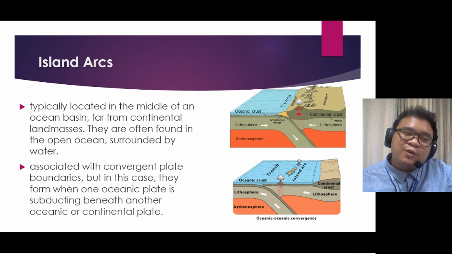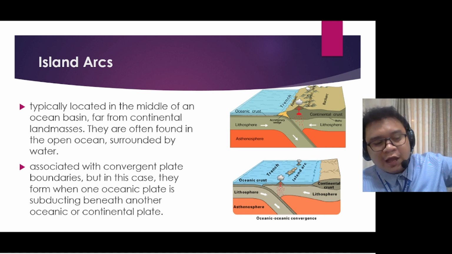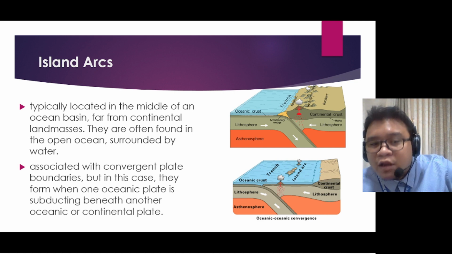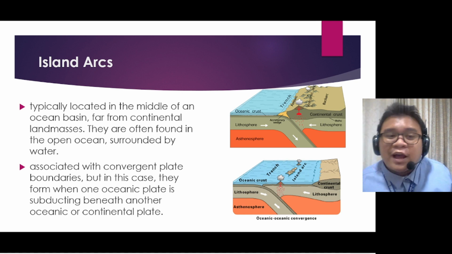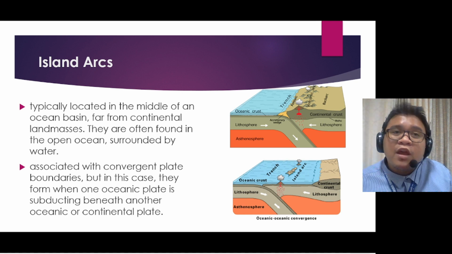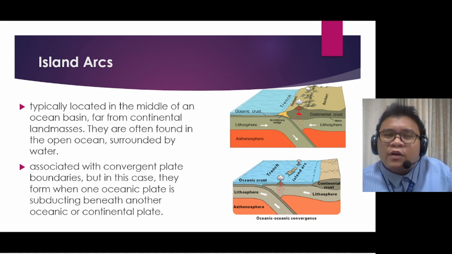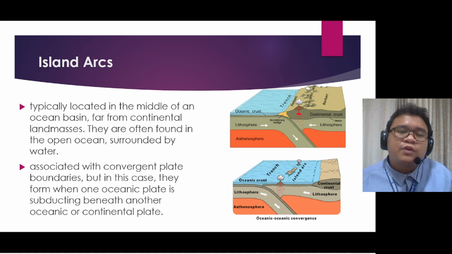Okay? So volcanic arcs can include the islands themselves or the mainland volcanoes. But island arcs are called island arcs because they only consist of volcanic islands that are formed because of the tectonic activity caused by volcanic eruptions, and so on and so forth.